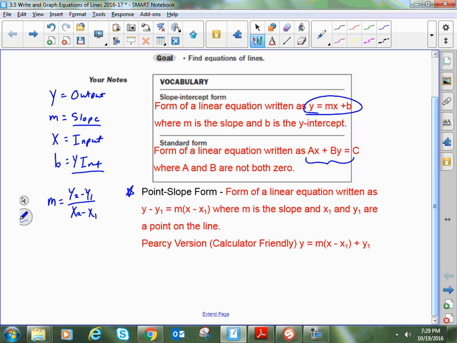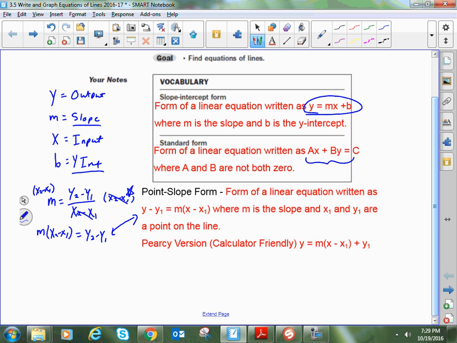Well, what we're doing essentially is we're taking the denominator and we're going to multiply it on both sides of the equal sign. So here and here they wind up simplifying, and I'm left with m multiplied by the expression x2 minus x1 to be equal to y2 minus y1. And all they really did to go from here to here is, well, that's an example of the symmetric property of equality, where we just reverse the order that we wrote it.